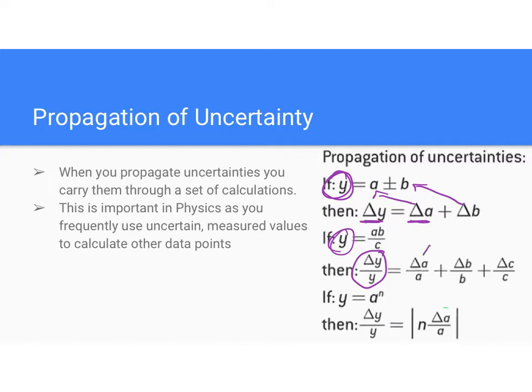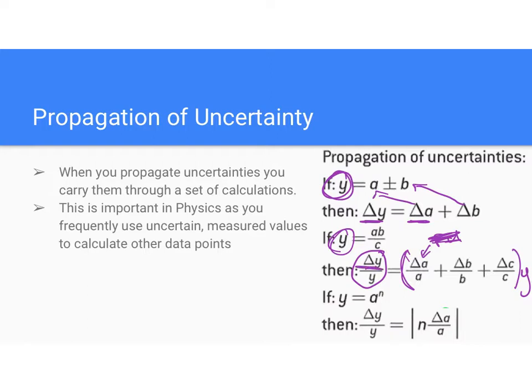This is just the fractional uncertainty in each of the specific measurements, which gives us the fractional uncertainty in our answer, right? So this whole thing is giving us the fractional uncertainty. If we want to find the absolute, we then have to multiply this entire thing by our actual measurement to give us the absolute uncertainty.